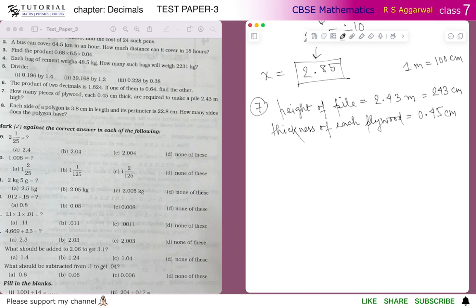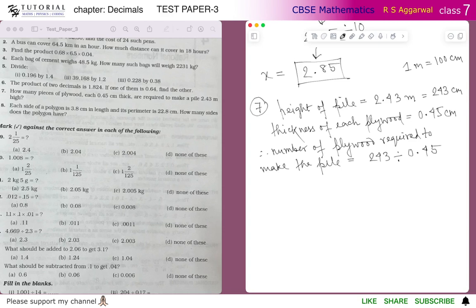Therefore, the number of plywood required to make the pile equals 243 divided by 0.45.